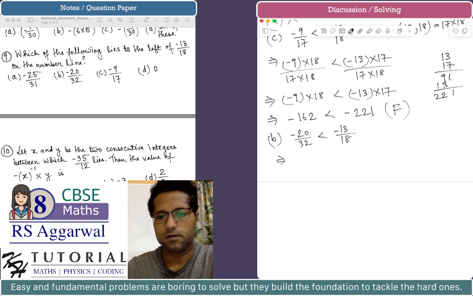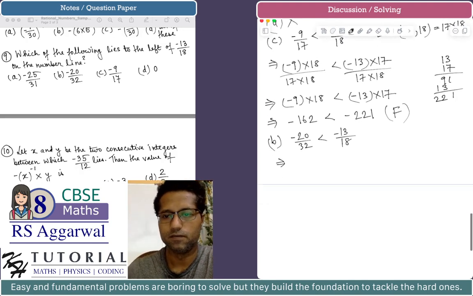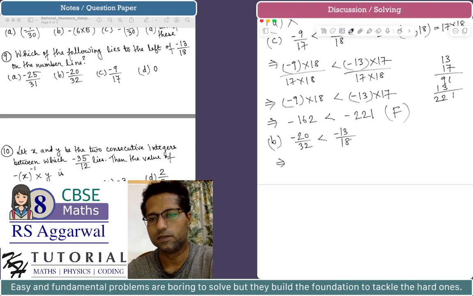Similarly, just as we did for choice C, we will convert these two rational numbers to their equivalent form to have a common denominator of the LCM of 32 and 18.